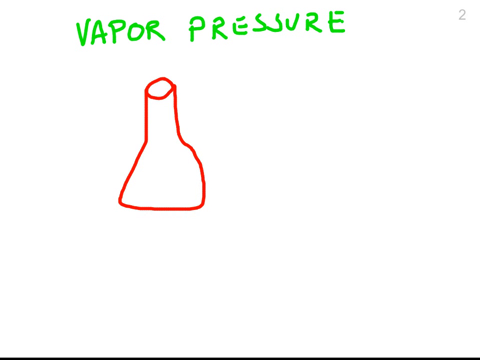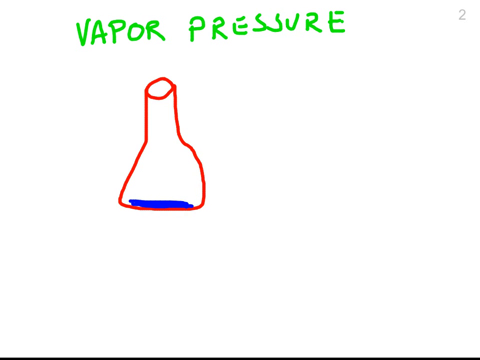And I have a little bit of liquid in the bottom of it. Well, that liquid is going to start to evaporate. All liquids evaporate. All solids evaporate to some extent. You buy a new car, you have that nice new car smell. Well, that's coming from evaporating plastics making up your dashboard. Everything will evaporate to a certain point.